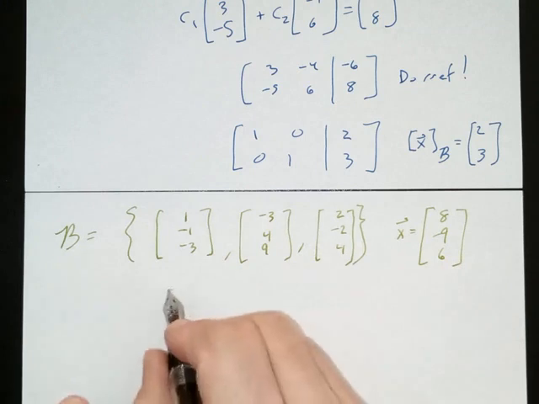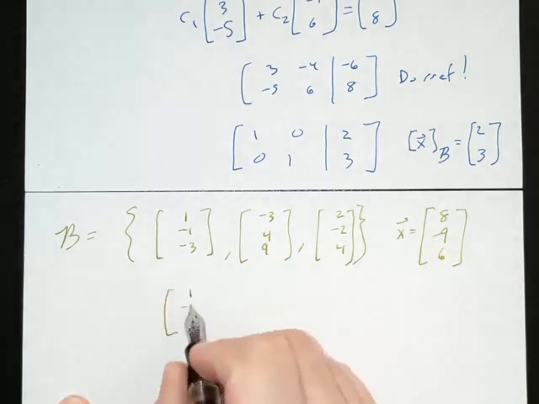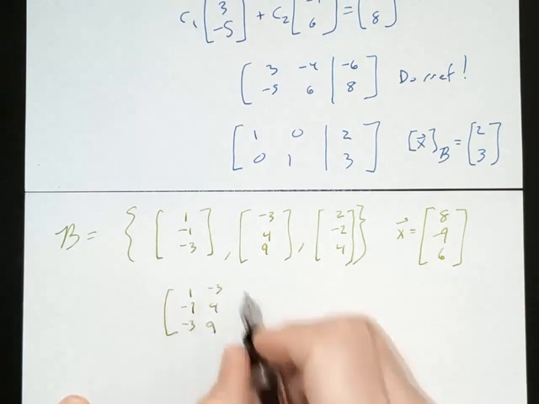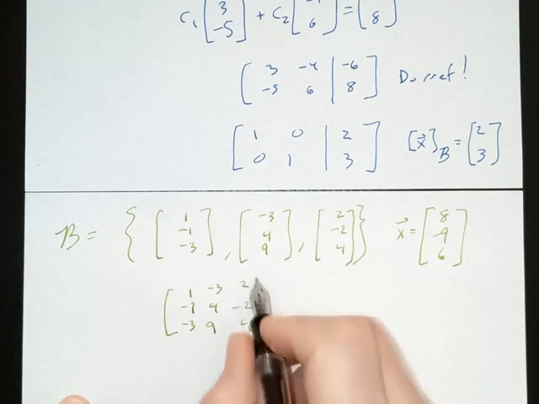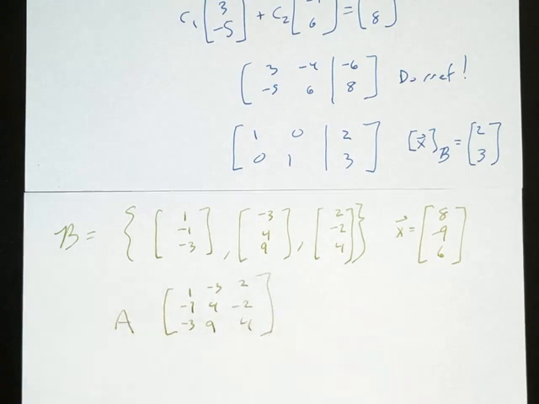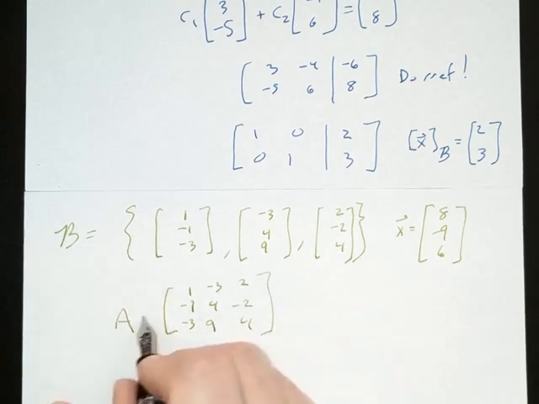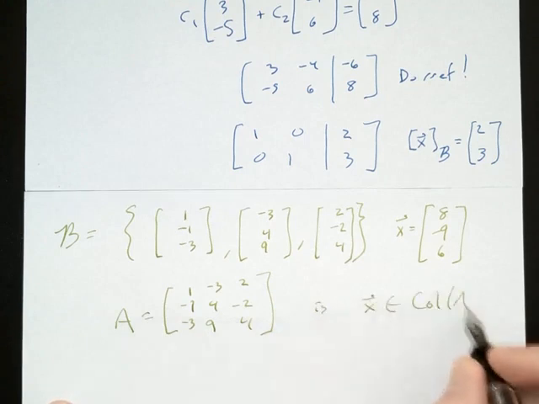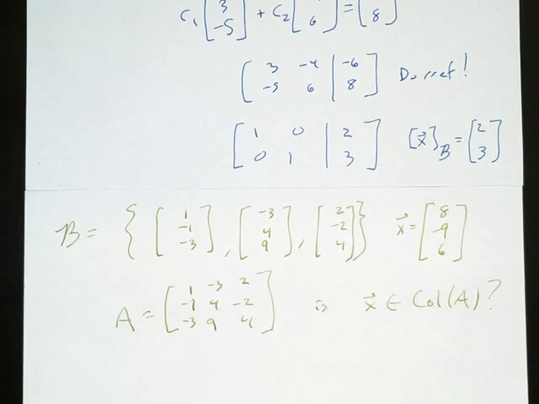That's asking, is this vector part of the column space of this matrix? And the way in which you would do that is to solve the reduced echelon form exactly the way we just did up here in the 2x2 case.